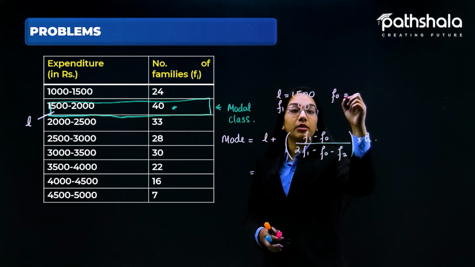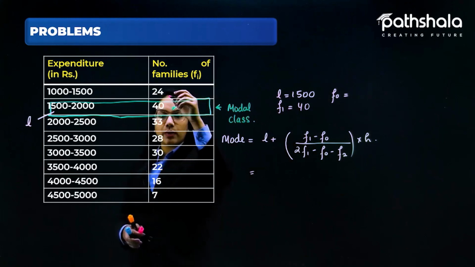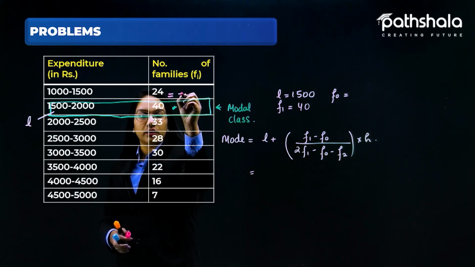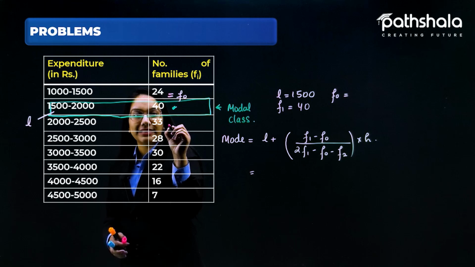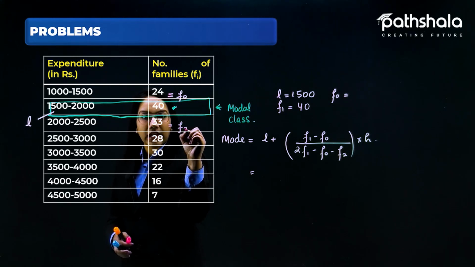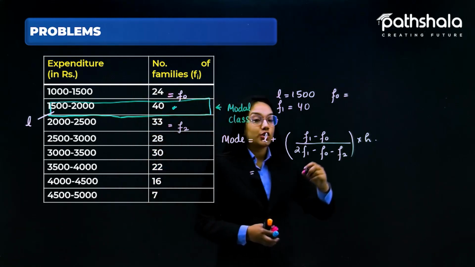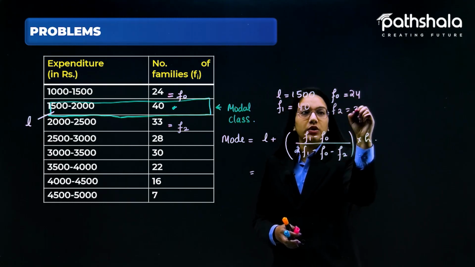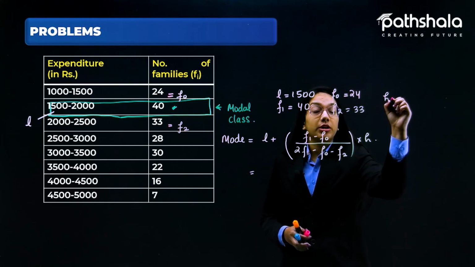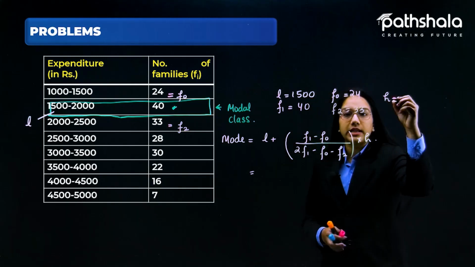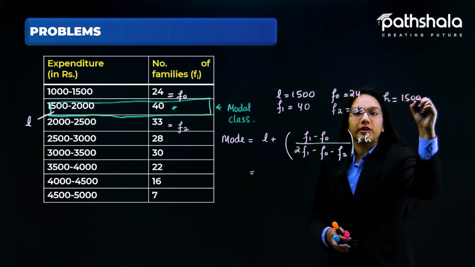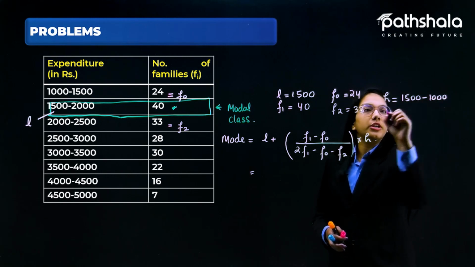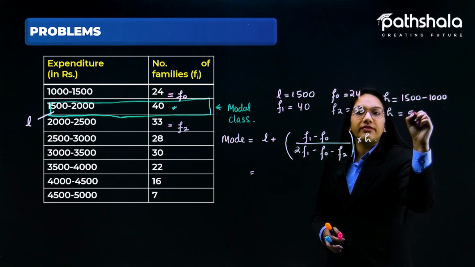F0 is the frequency of the previous class, and F2 is the frequency of the succeeding class. F0 is 24, and F2 is equal to 33. H is the class size, which we find by subtracting the lower limit from the upper limit, so H is 500.